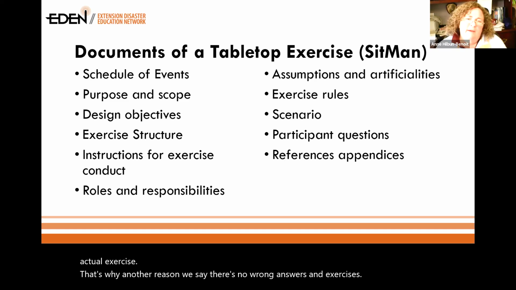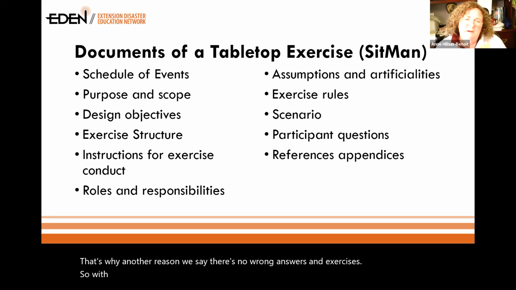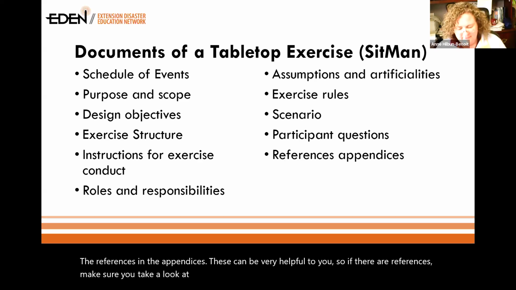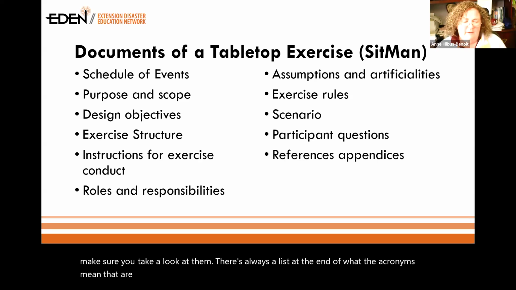So with that, that's primarily the biggest parts of your situation manual. The references and the appendices can be very helpful to you, so if there are references, make sure you take a look at them. There's always a list at the end of what the acronyms mean that are used in the situation manual.